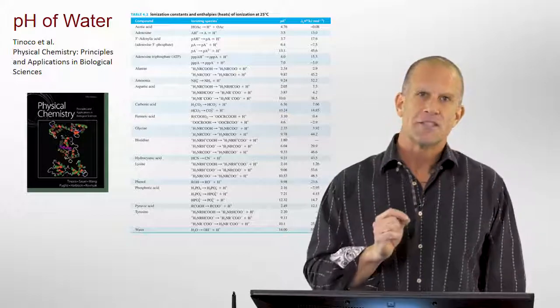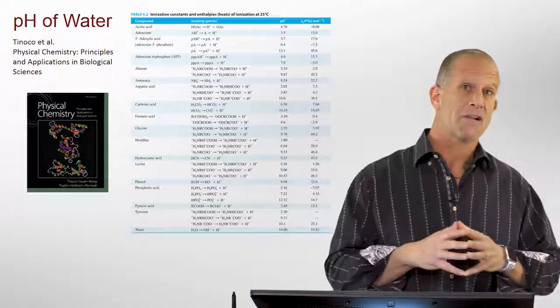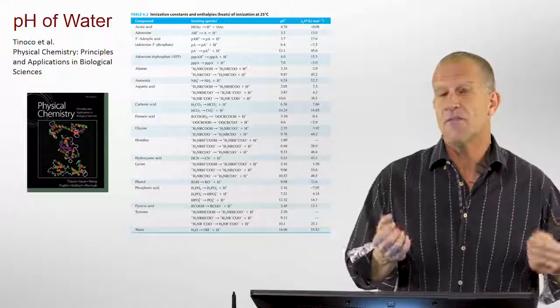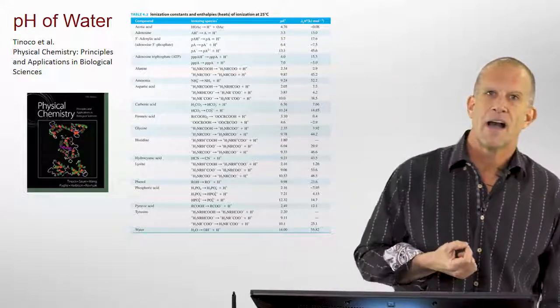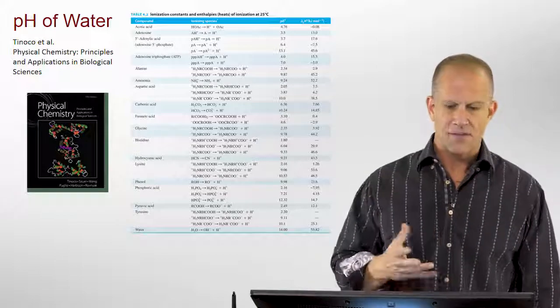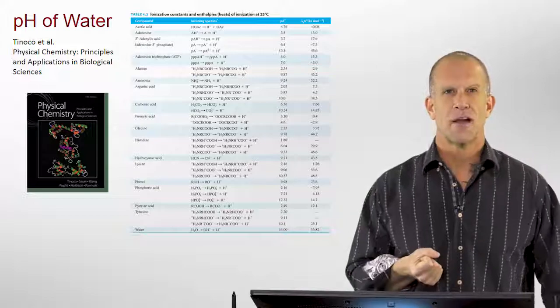Actually, to a lot of people's surprise, even over what I would call physiological conditions, the pH varies significantly away from pH 7. And I've taken this from Tinoco's book in Physical Chemistry, Principles and Applications in Biological Sciences.